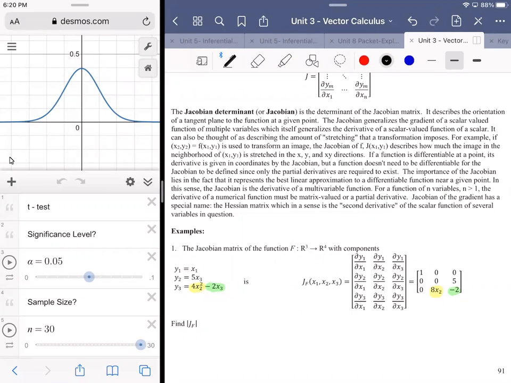Now, there are some strategies that you can use to make your life a little bit easier. One of those strategies, and this is diving a little into the world of linear algebra, is that you are allowed to swap rows in a matrix.